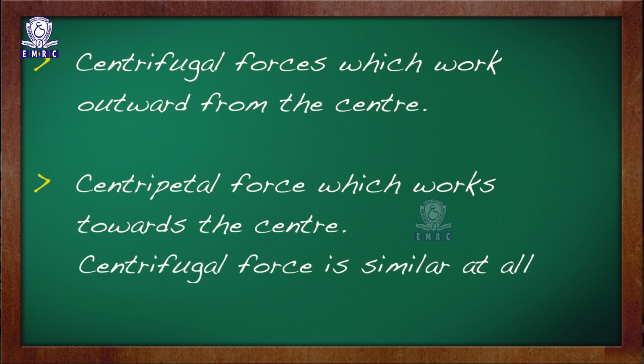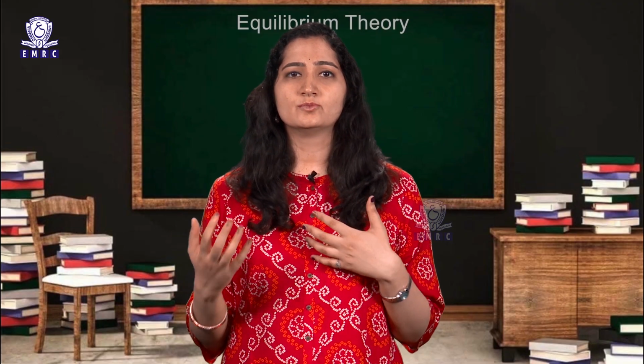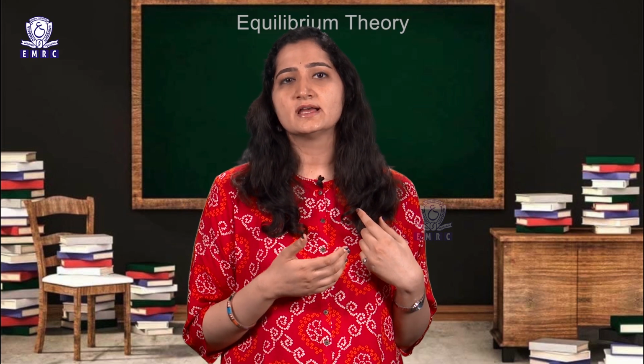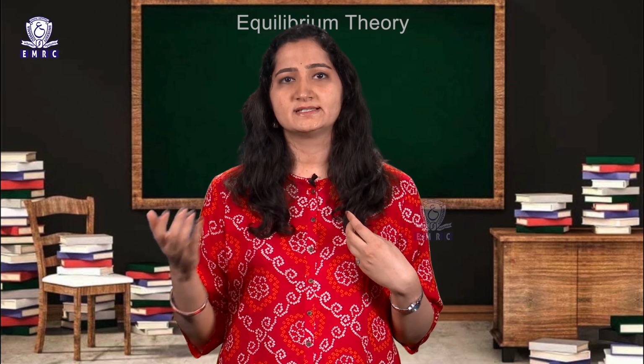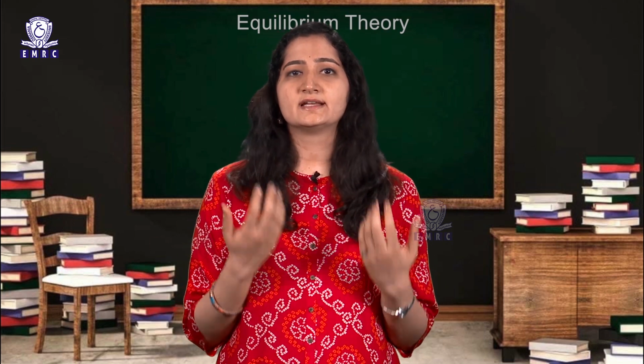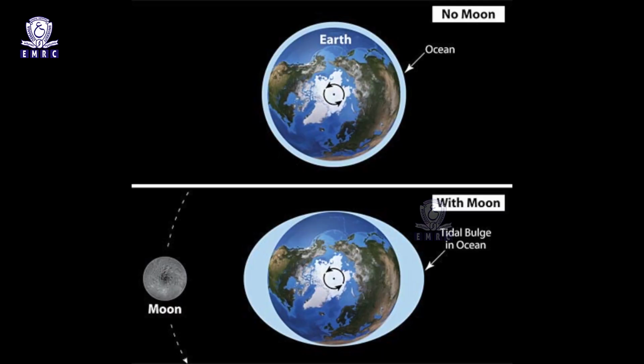Centrifugal force is similar at all points on the Earth's surface. The Earth's surface under the Moon is 6,400 kilometers nearer to the Moon's surface than its own center, so the centripetal or gravitational force is greater than the centrifugal force at the Earth's surface.